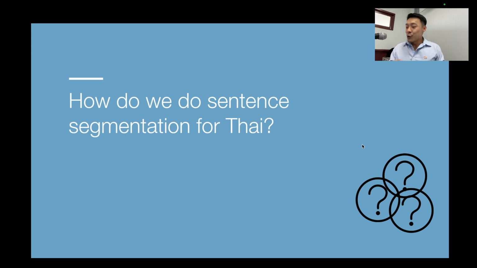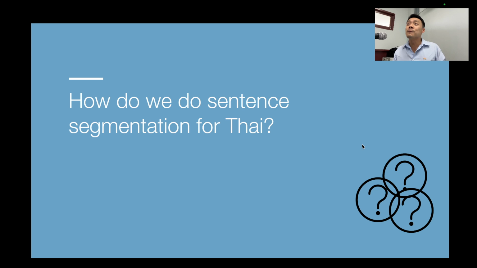Think about when you read a page of Thai text. How do you know that a sentence ends? Just intuitively, don't think about program or model. How do you know, oh, that's the end of a sentence? Wait, that's an object.